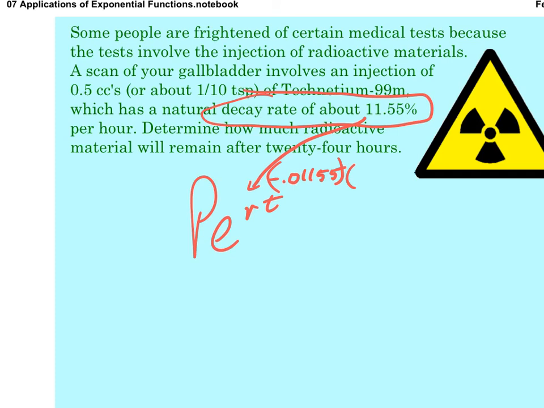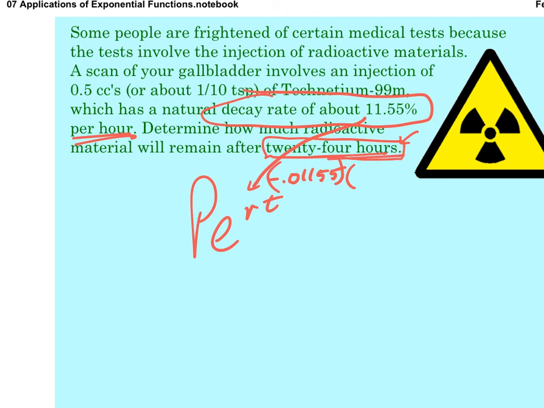And then the time, I don't think they tell us the time. Oh, no, wait. 24 hours. And is it in hours or is it in days? Okay, since this is in hours, it's pretty easy to change 24 hours to days. But this says per hour, and this says for 24 hours.